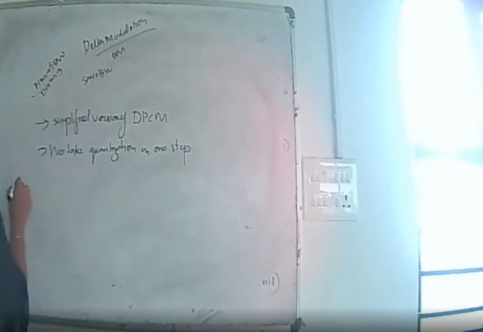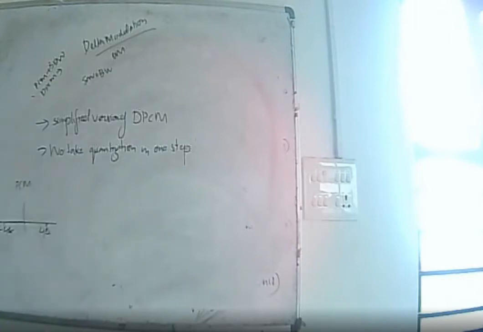In the PCM case, we know that the quantization depends upon the entire range; in yesterday's case we took the input range between minus 4 delta and 4 delta.